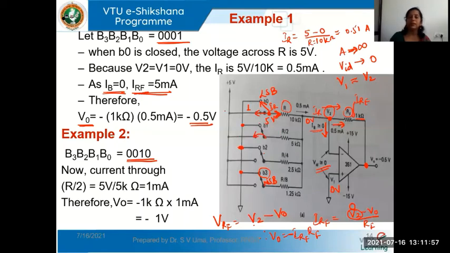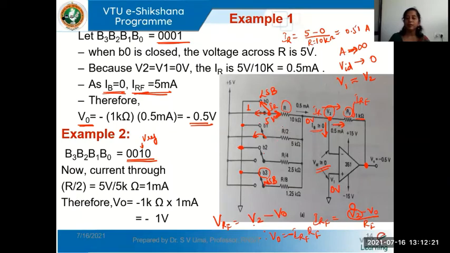B1 will be connected to Vref, plus 5 volts. B2 and B3 will be connected to ground. That's how I get 0010. Wherever you have 1, there you should connect Vref, which represents logic 1 or binary 1. Is that clear? So this is the type of connection for the second case.